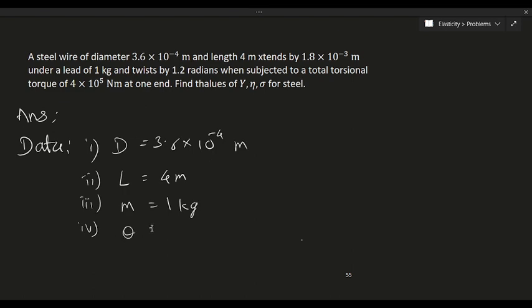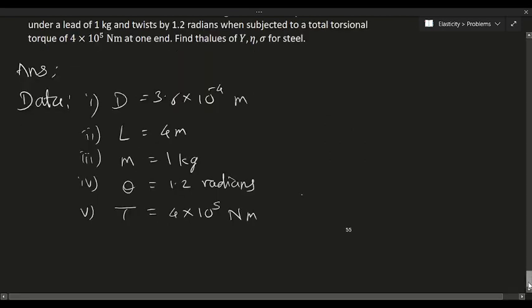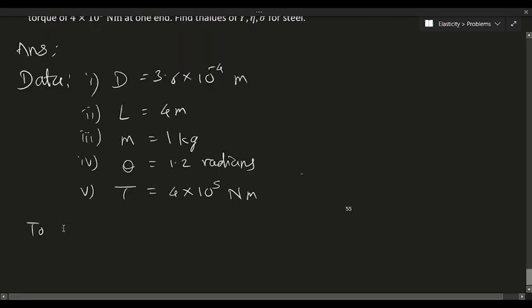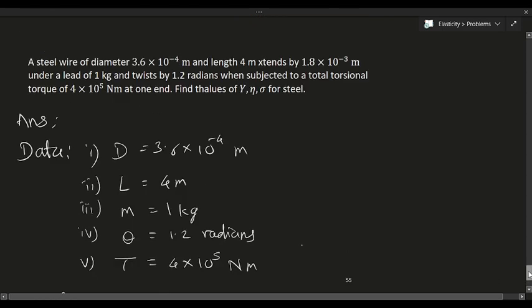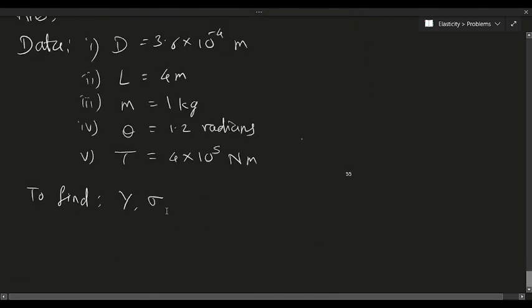Twisting theta is 1.2 radians. Torsional torque, the torque which causes twist in the wire, is 4 into 10 raised to 5 Newton meter. We have to calculate Young's modulus, Poisson's ratio, and shear modulus.